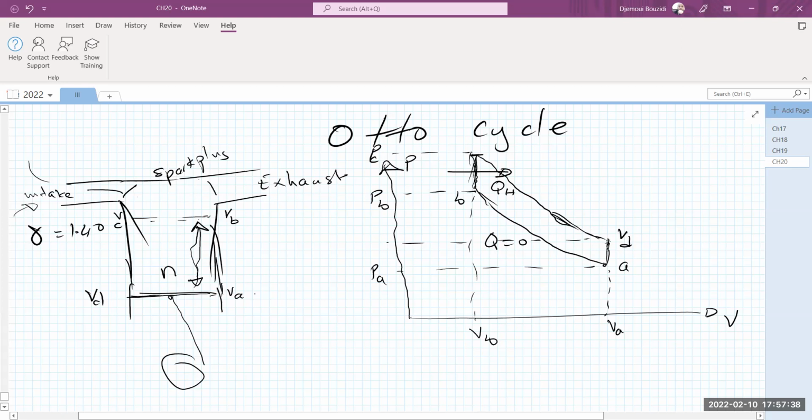The ratio of the entire volume, VA, over this one, VB, is called the compression ratio. If you're in the business of making cars or engines, that's something you have to pay attention to: how far the piston will move versus how far it's going to be compressed.